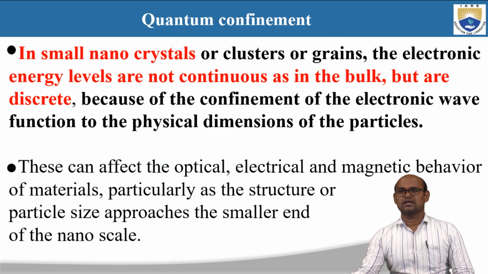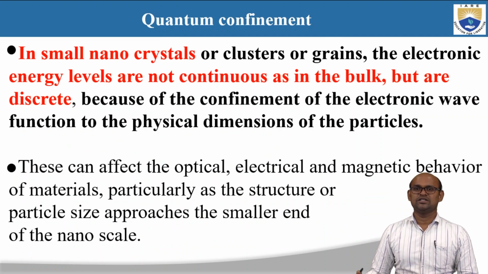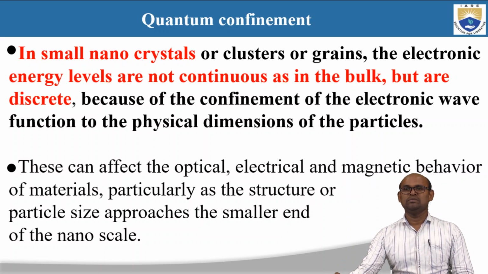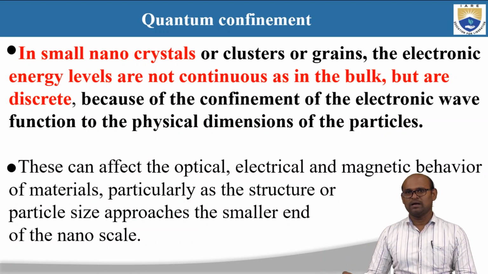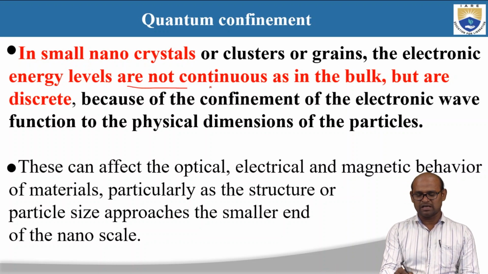In small nanocrystals, clusters or grains, the electronic energy levels are not continuous as in bulk, but are discrete. We are taking a nanomaterial which has many nanoparticles. When we have many such small particles, we expect that the energy levels are continuous.